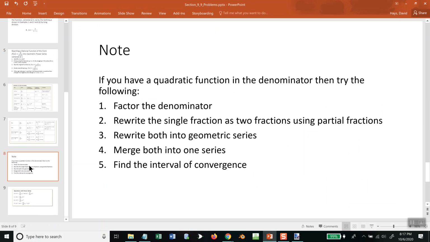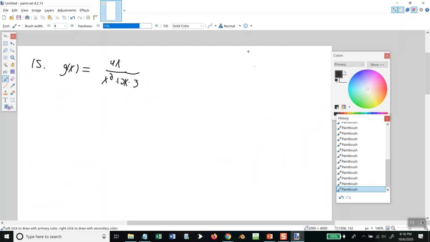If you have a quadratic function in the denominator, then try the following. So we're going to factor the denominator. So 4x over x squared plus 2x minus 3 becomes 4x over x plus 3, x minus 1.